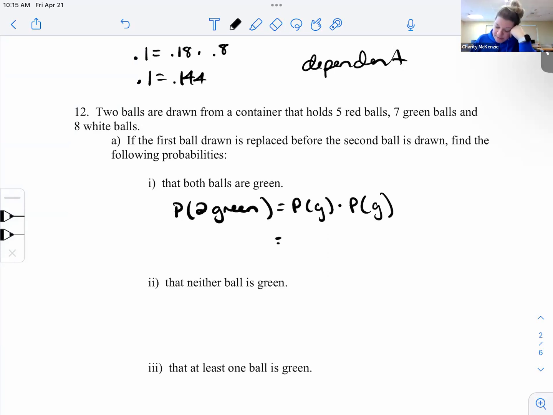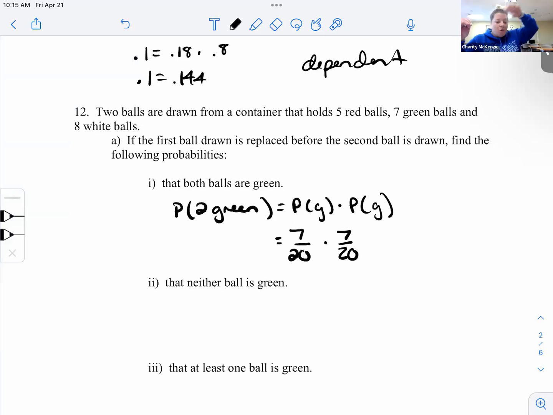So what's the probability of getting a green the first time? It's 7 out of how many total? 8 plus 7 plus 5, I get 20 total. So there's 7 green out of 20. And if we replace them, the second probability is still 7 out of 20. These are independent of each other because one's not affecting the other if we put them back in.